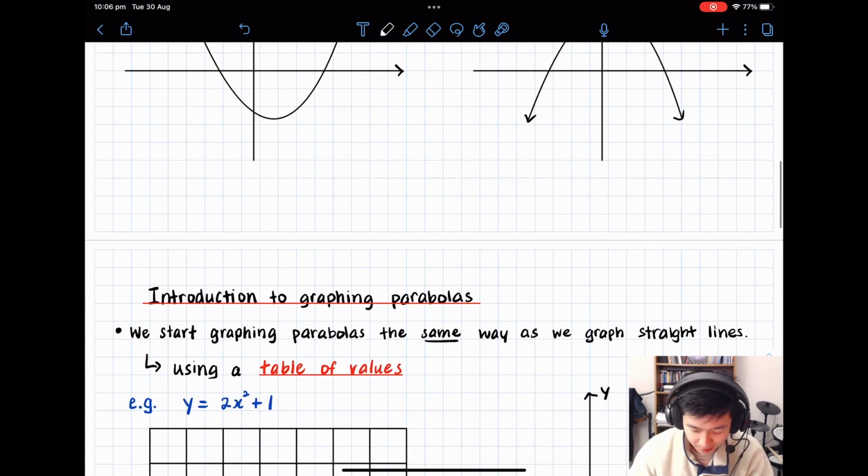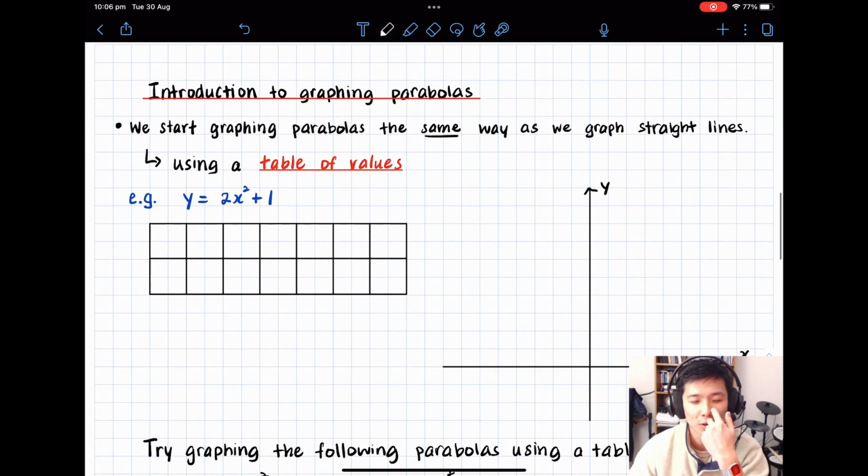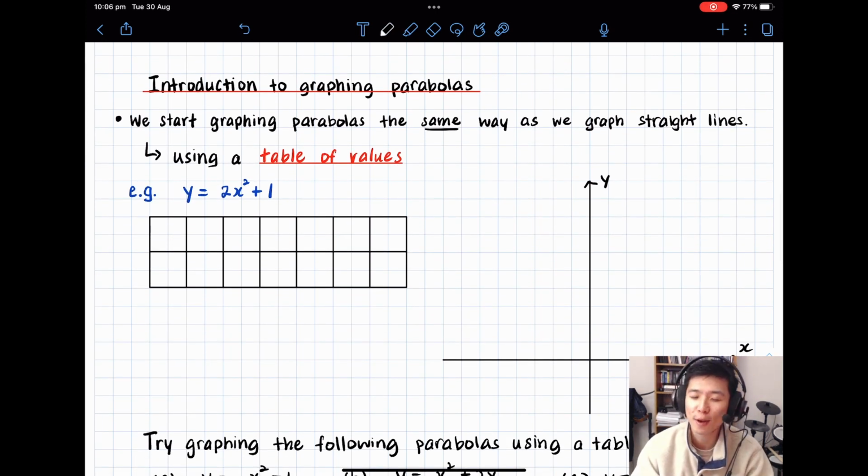Let's do a brief intro into sketching graphs. Hopefully, back when we were sketching straight lines, we used this thing called a table of values. We start graphing parabolas in the same way that we graph straight lines. We just get the equation and draw up a table of values like the one here. I put an x here and a y here, and I choose some values.